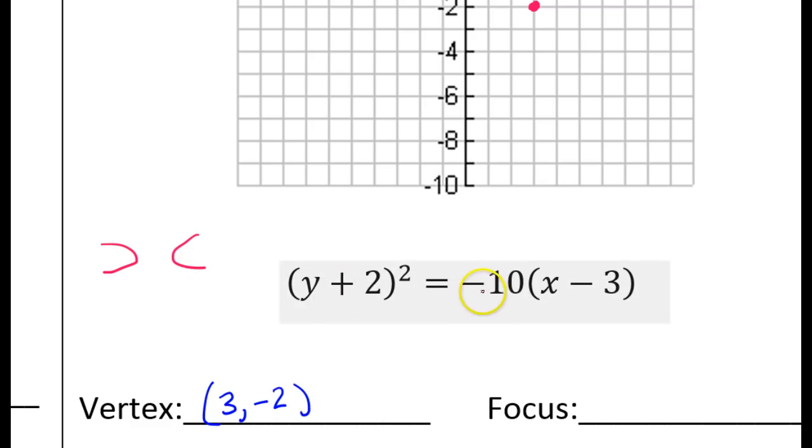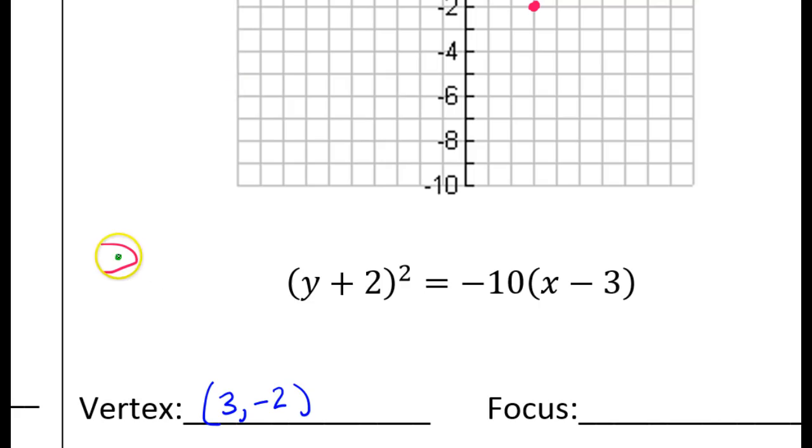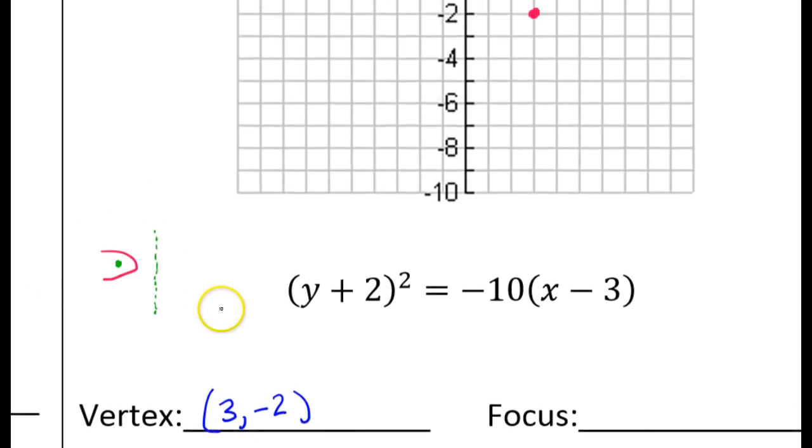When this number right here is negative, that means it will be to the left. So we're looking for a parabola like this. Now, there's something called the focus that is in the interior of the parabola. And then in the opposite direction, there is a line called the directrix. So this is like a thumbnail sketch of what we're shooting for.